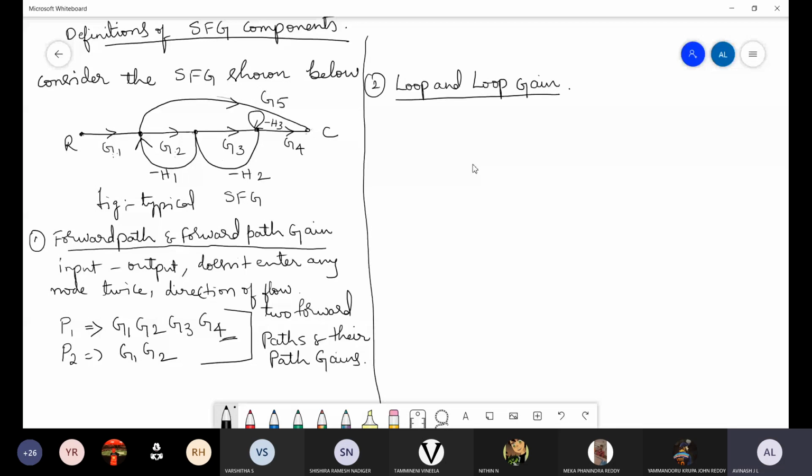So when we are talking about loop and loop gain, the question arises, what do you mean by loop? What is the meaning of loop? Sir, I should start from any one node, go through other branches, and come back to the same node. Correct? Then I can say that it is a loop. All of you agree? Yes, sir.